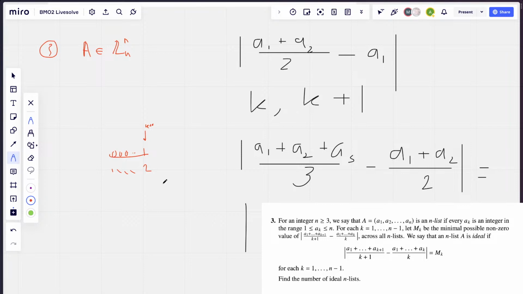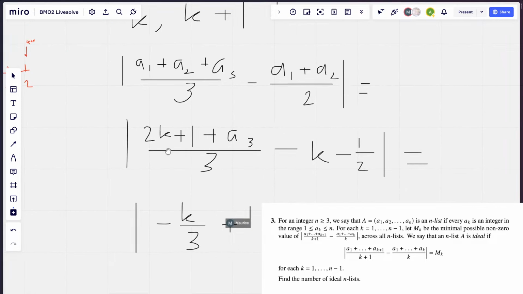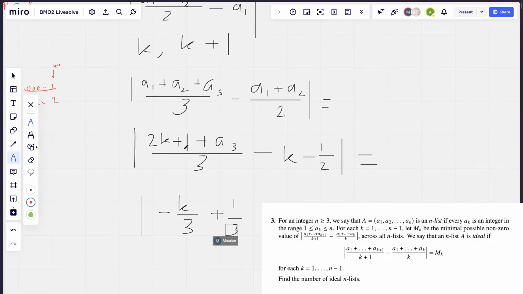And then this is equal to 2K over 3 minus K. That's minus K over 3, plus 1 over 3 minus 1 over 2. So that's minus 1 over 6.